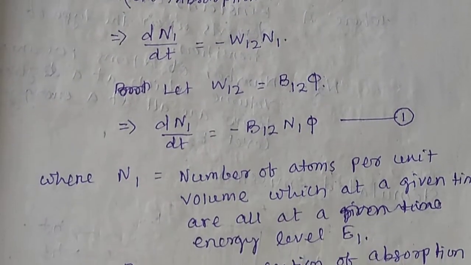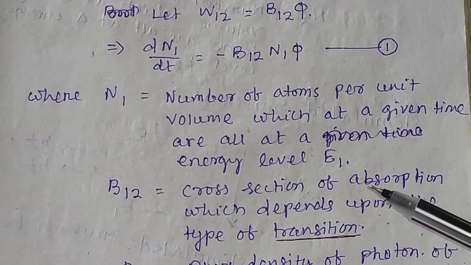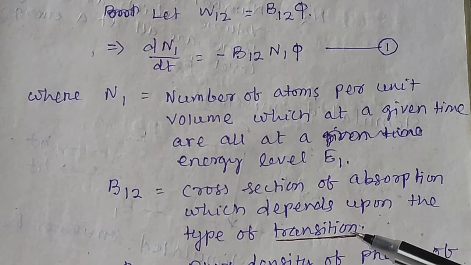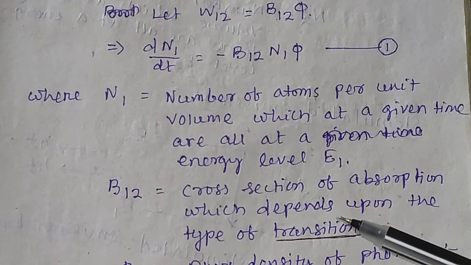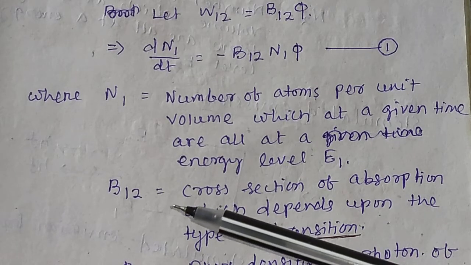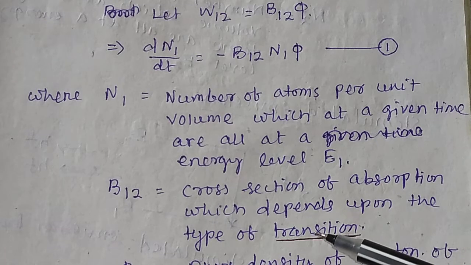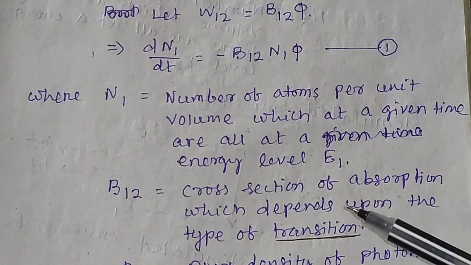And what is B12? B12 is the cross section of absorption, which depends upon the type of transition. What type of transition we are doing in the experiment depends upon B12. And what is phi?